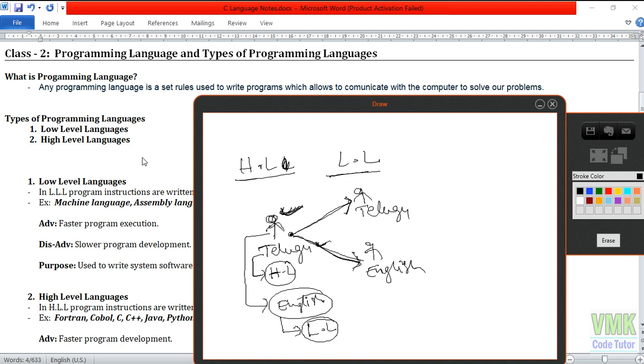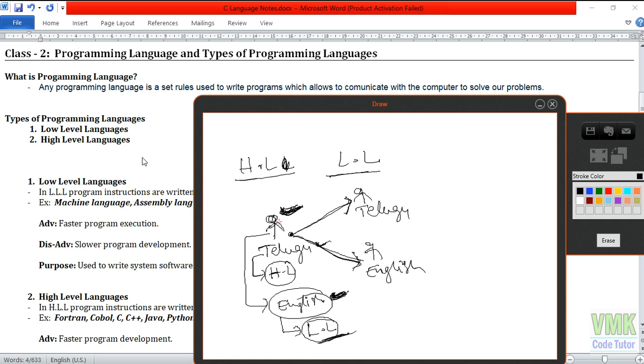He can speak very fluently, very easily. But after learning English, it is not that easy to speak in English. It is a little bit tough language for this person, and that tough language is called a low level language.